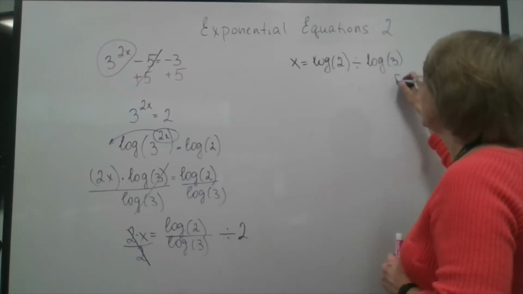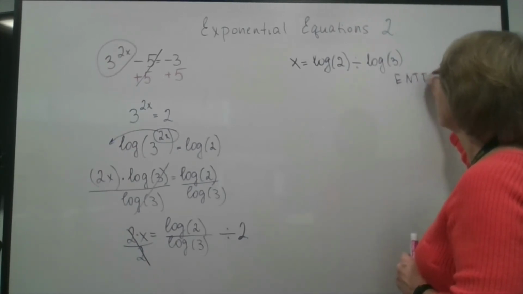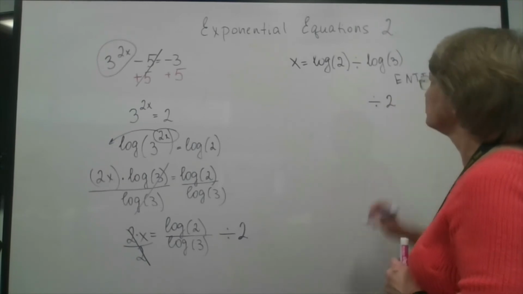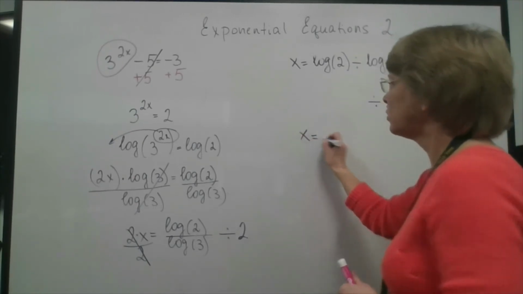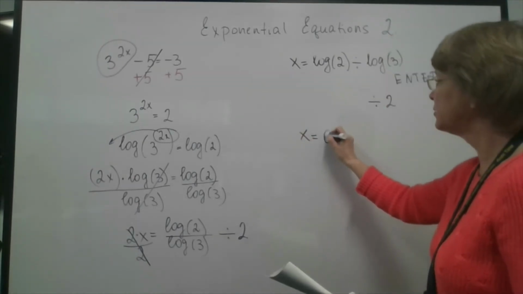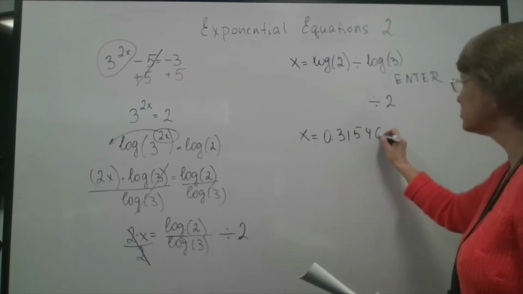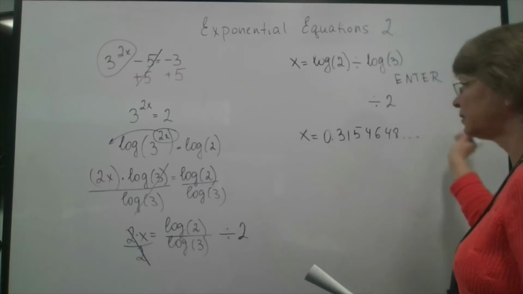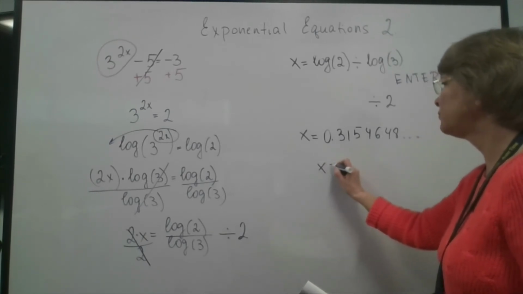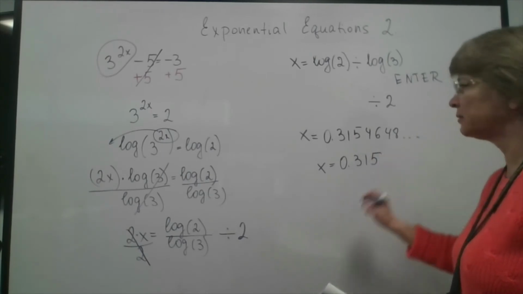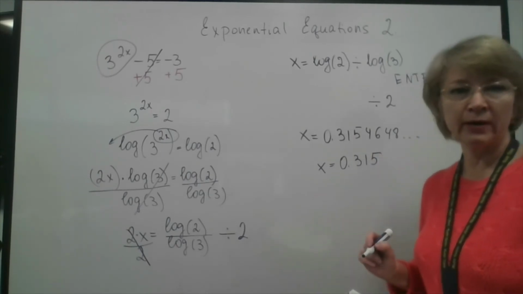Then it's a good idea to press enter. Then you will divide by 2. So your answer should be 0.3154648 and so on. And we have to round this answer to 3 decimal places. So this is your final answer.